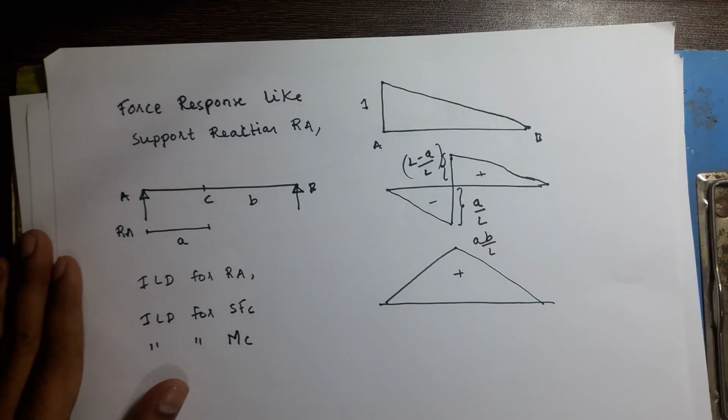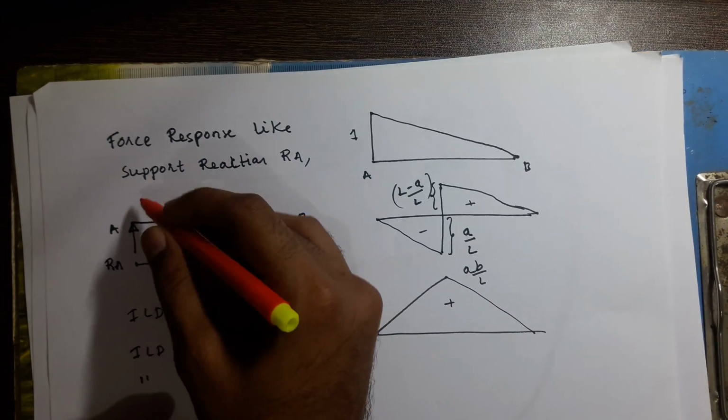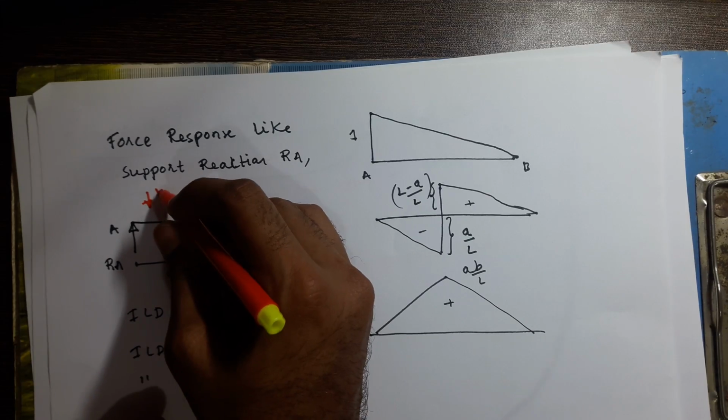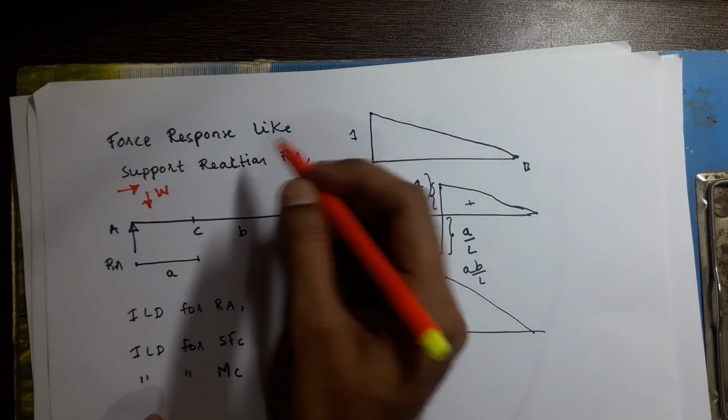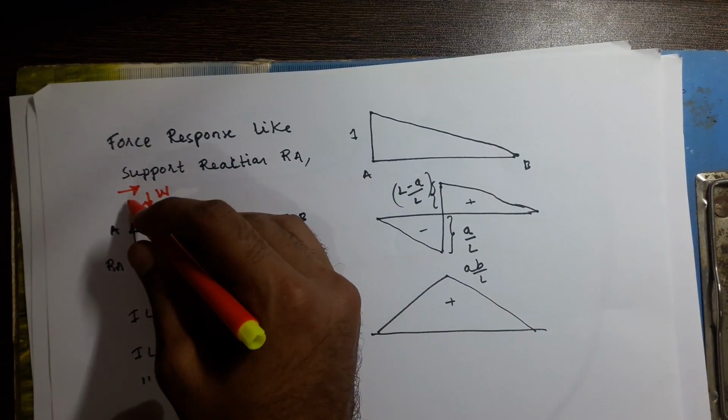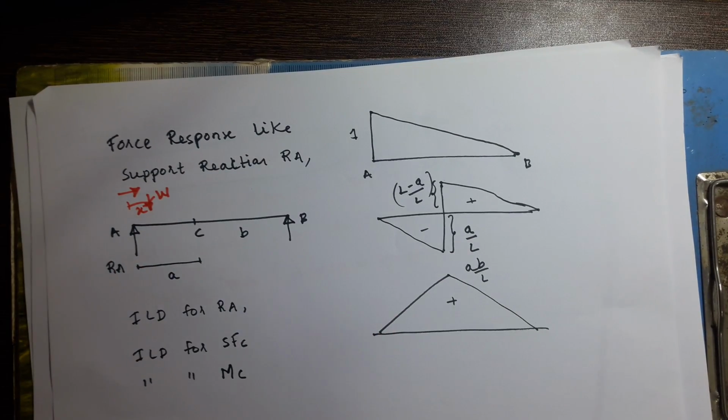Now you see the load is moving, the single point load W is moving from left to right. Distance is x from A, okay.